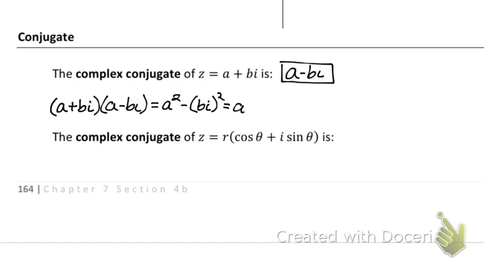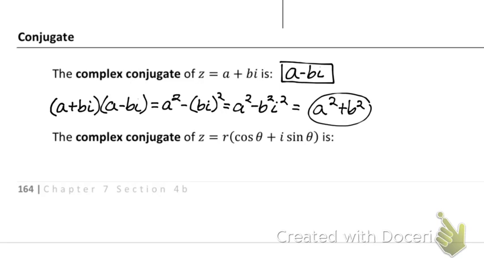Well, bi squared is b squared times i squared when I distribute that square. What is i squared? It's going to be negative 1, because i is the square root of negative 1, and the square root of negative 1 times the square root of negative 1 turns into negative 1. So this negative sign becomes a positive, and we just have a squared plus b squared.